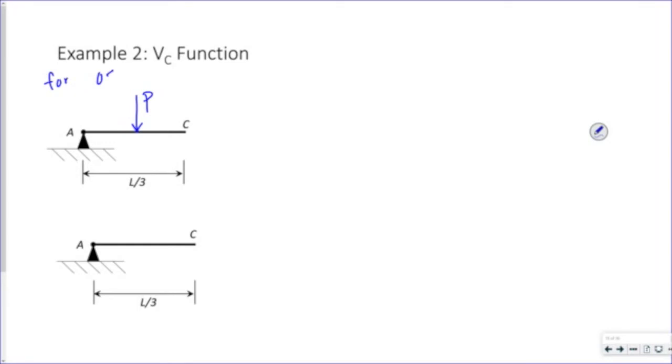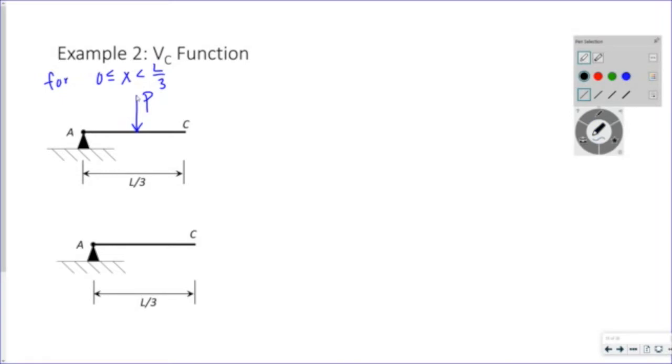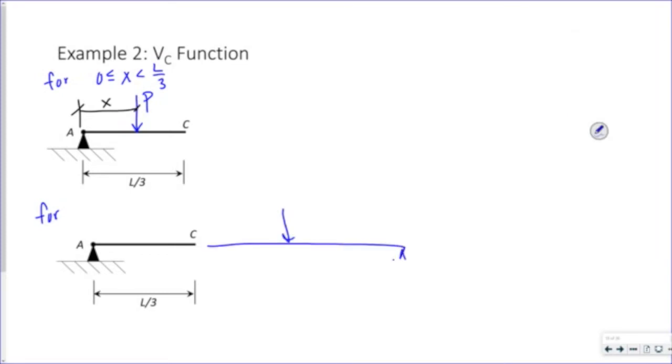For 0 to L over 3, if this is your distance X, or if my load is to the right hand side of C, it's over here somewhere on the rest of that beam.